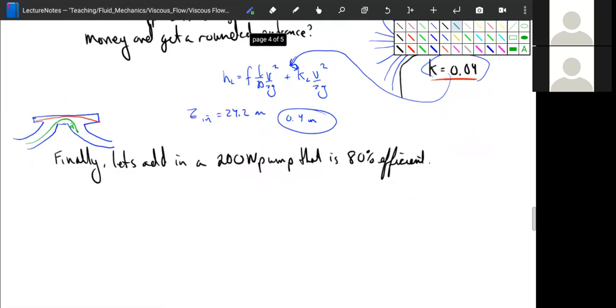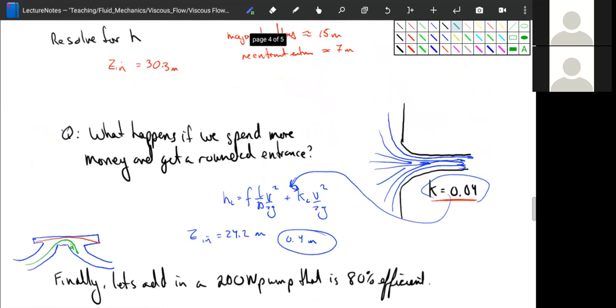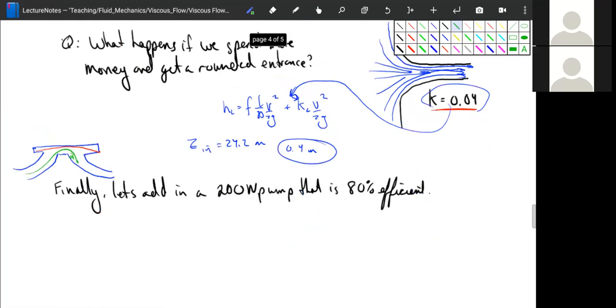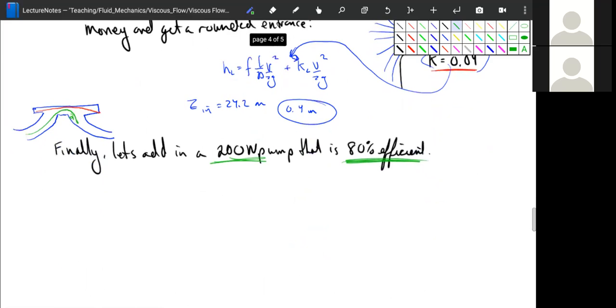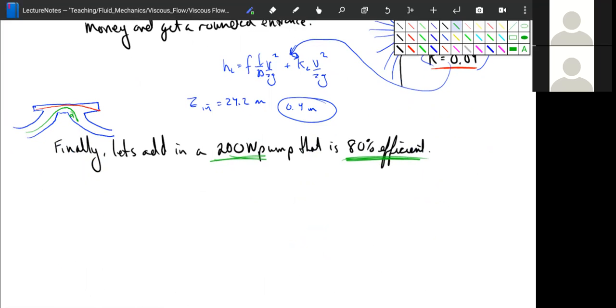Finally, let's say you've realized it's kind of ridiculous trying to build a high enough tank in order to get the flow rate you need. So you've decided to add a 200-watt pump that is 80% efficient to your system. In that case, now we get to use, let's write out our equation again, since it's been a while since we've used it.